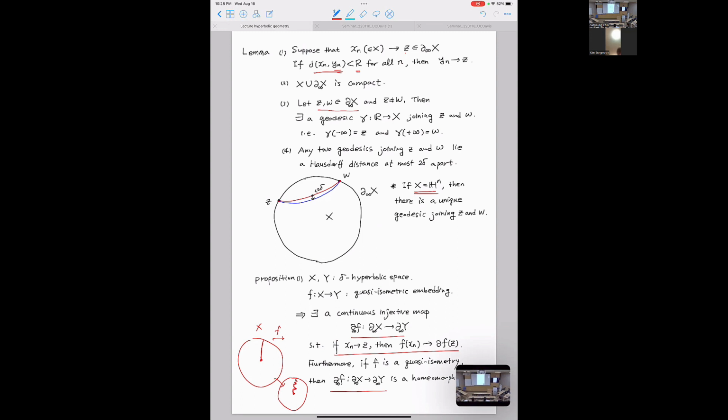Then the Cauchy geodesic in hyperbolic space gives us exactly one point on the Gromov boundary. So by using this fact, you can define the boundary map on the level of the Gromov boundary.